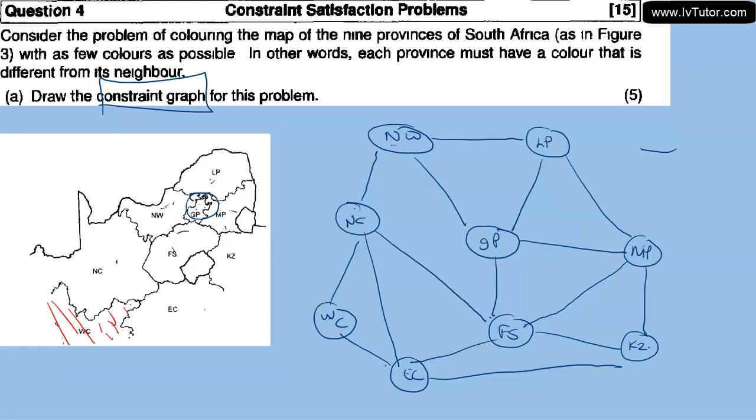Then I go to the next one. Which one has got the most constraints again? I go on the degree of having the most constraints. So I'll probably go with Free State. Once I have Free State, I already know what Mpumalanga is going to be. So additionally, the colors that cannot go to Mpumalanga will become constraints as well.